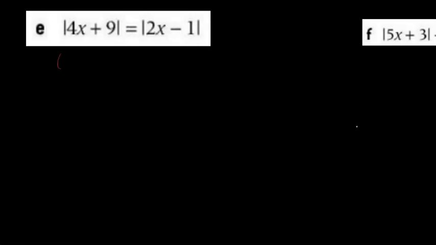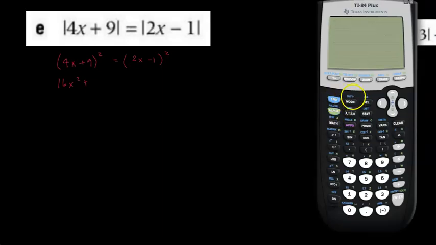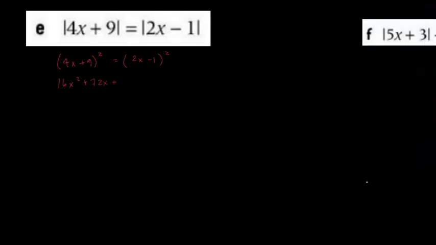I'm going to go ahead and square this, because that's the other way to solve it. 16x squared plus 9 times 4 times 2, 72x plus 81, minus 4x squared plus 4x minus 1 equals 0.